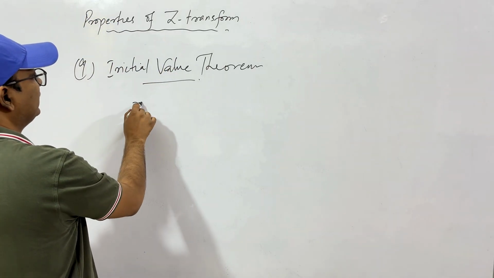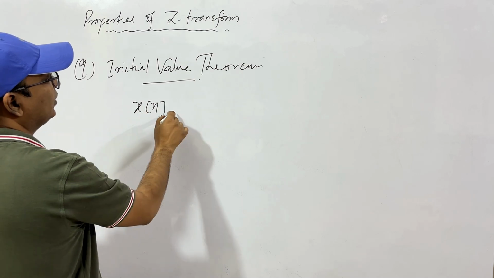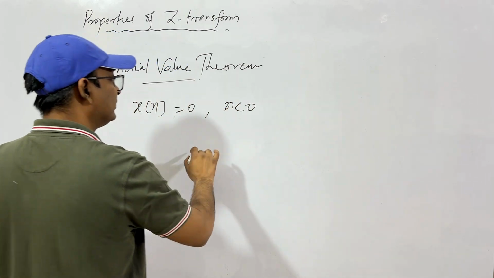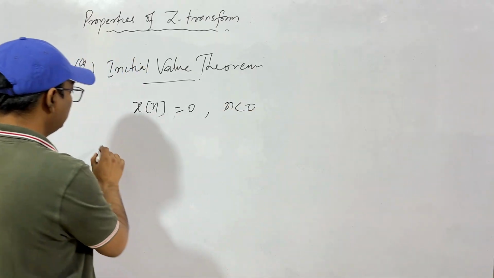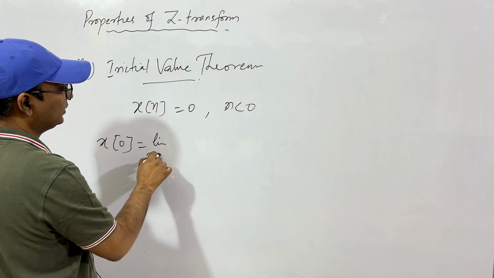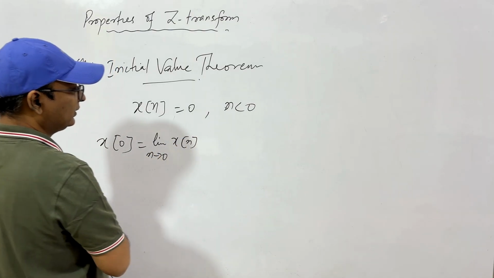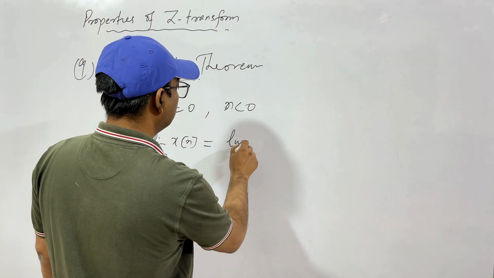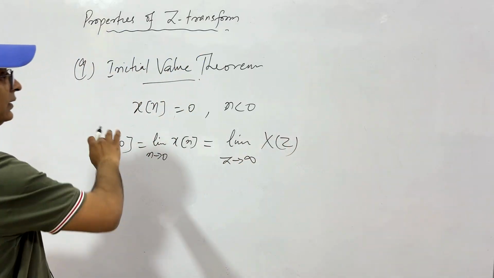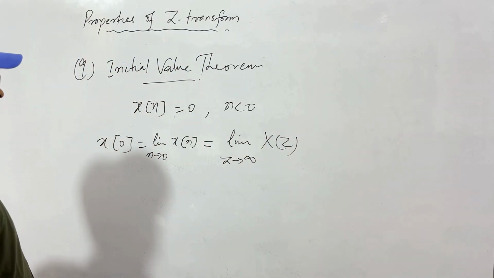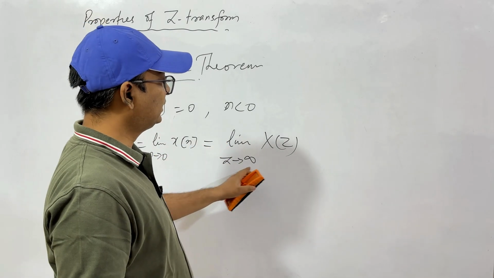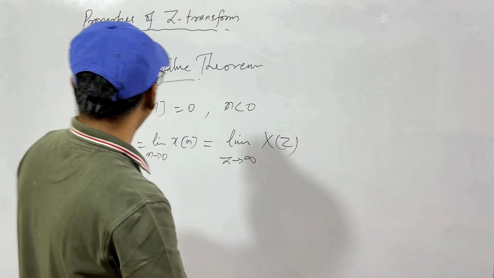The initial value theorem says if you have a sequence x[n] which is 0 for n less than 0, that is, it has value for n greater than or equal to 0 only, then if you want to know x[0], that is limit n tending to 0 of x[n], according to the initial value theorem it is equal to limit z tending to infinity of X(z), where x[n] and X(z) are Z transform pairs. Clear? To find the value of this sequence at 0, it is limit z tending to infinity of X(z).